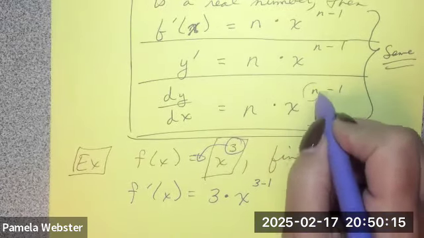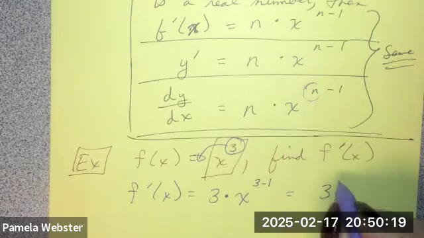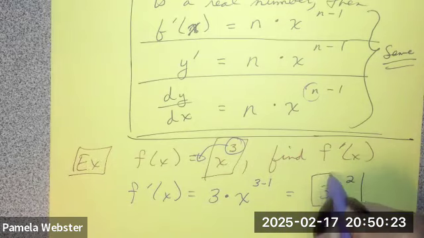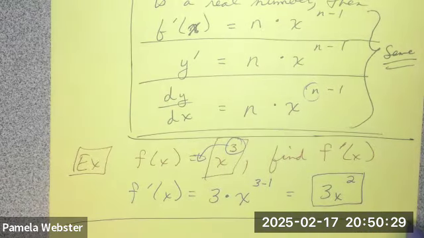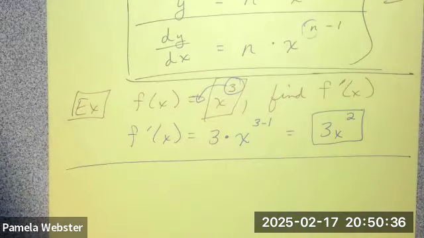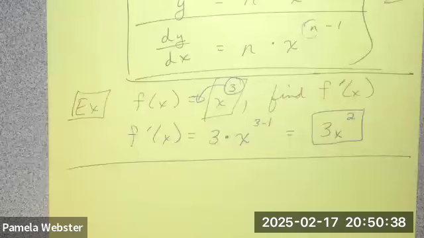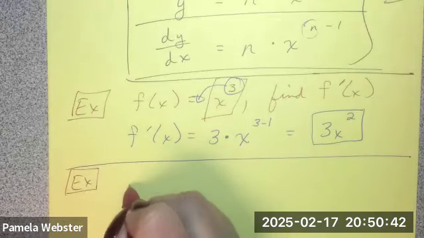So whatever your exponent was, minus 1. 3x, what's 3 minus 1? To the second power, 3x squared, right? Okay. That's how that power rule works. Once you use it 2 or 3 times, you start getting a flow for it. You'll be like, oh, this is amazing. I got this.